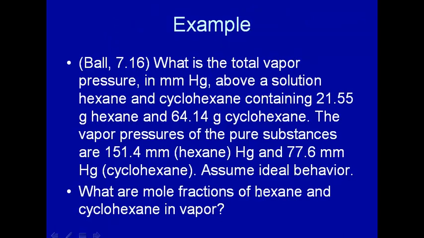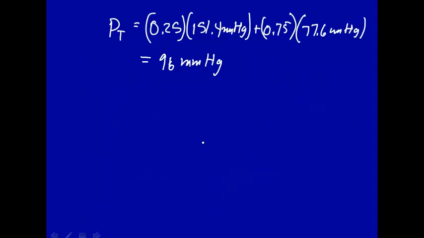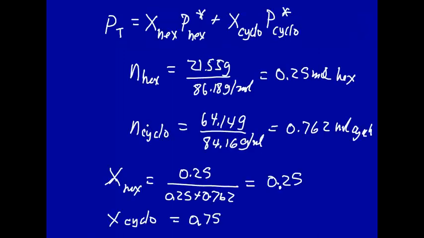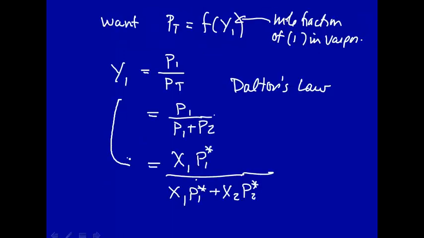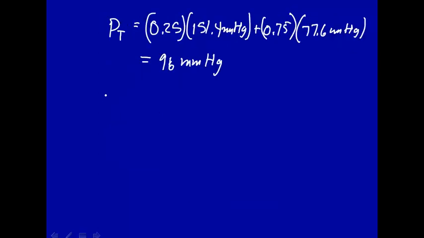Now, what are the mole fractions of hexane and cyclohexane in the vapor? Well, this is the total pressure, and we use the mole fractions in the solution. So what are the mole fractions in the vapor? Well, we go back. I'll just show you what we did here: y1 as a function of x1. So I'll just write that equation, sort of translate it. 1 will be hexane, and 2 will be cyclohexane.